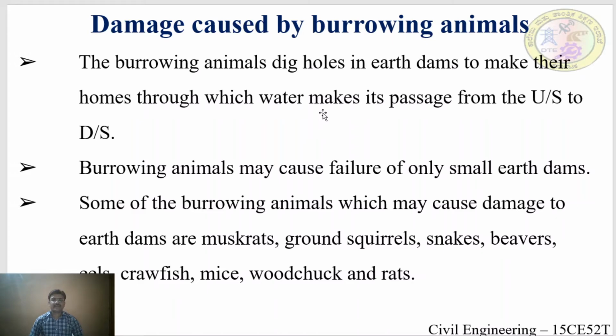The burrowing animals which cause damage to the earth dam are muskrats, ground squirrels, snakes, beavers, eels, crawfish, mice, woodchucks, and rats. These are some of the burrowing animals which may cause failure to the earth dam.